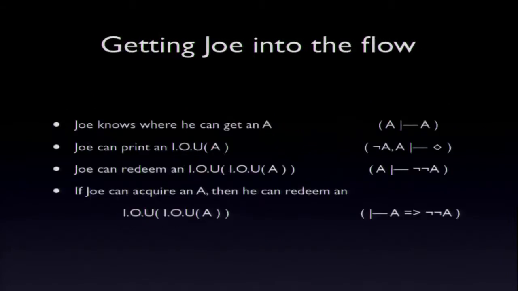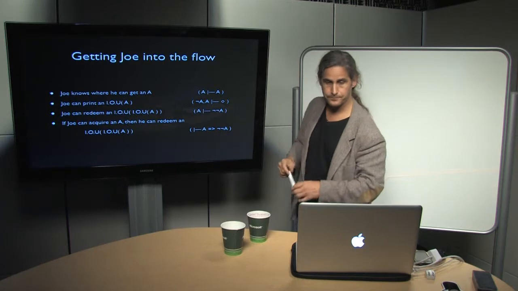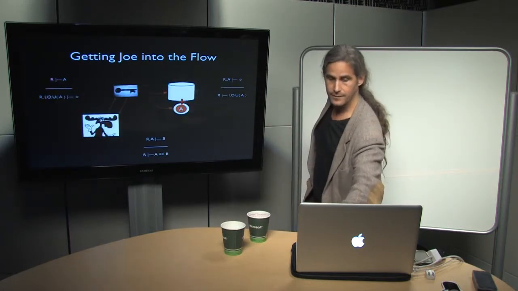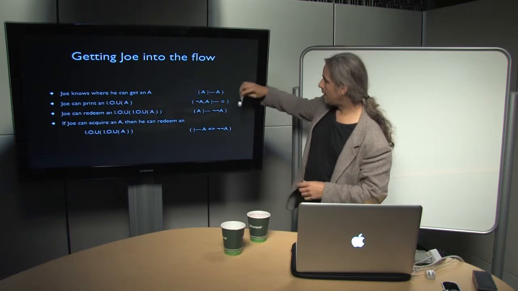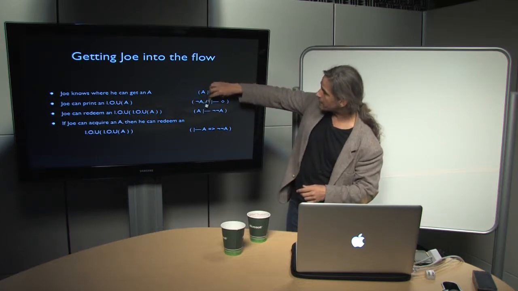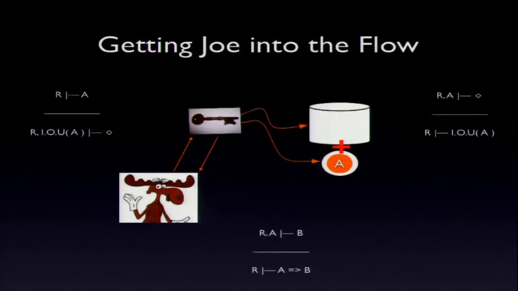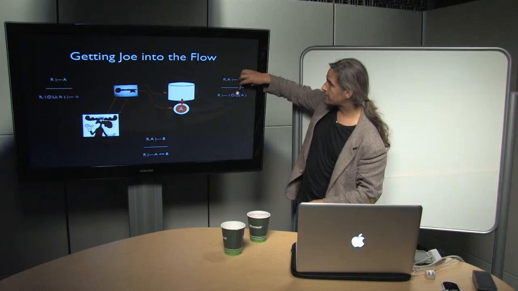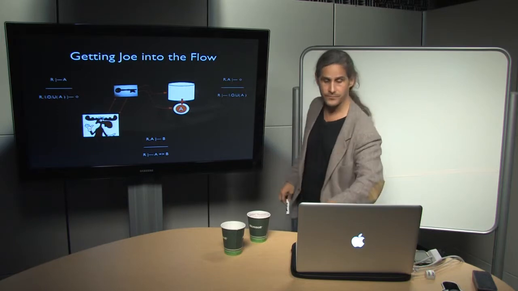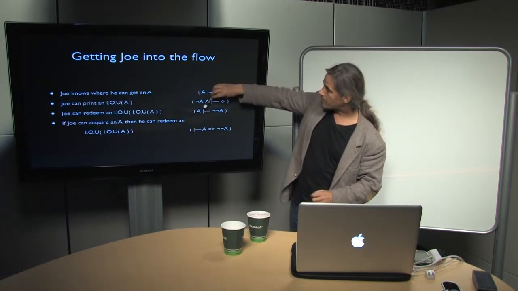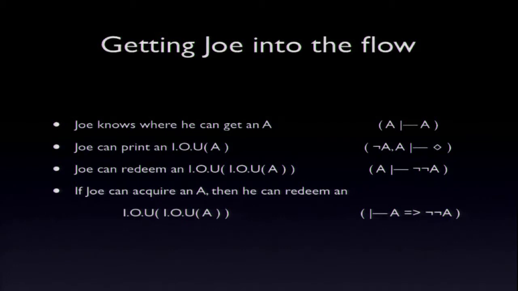And then I have an IOU for an A in this position, which would be this A. And then I move that thing across. So what do I have to do when I move it across? Well, when I move it across, I have to decorate it with another IOU. In other words, I have to go from IOU for A to IOU for IOU for A.